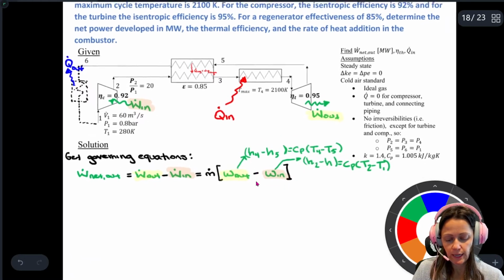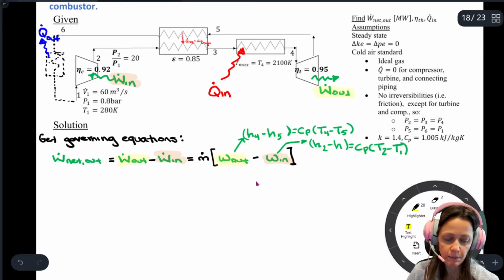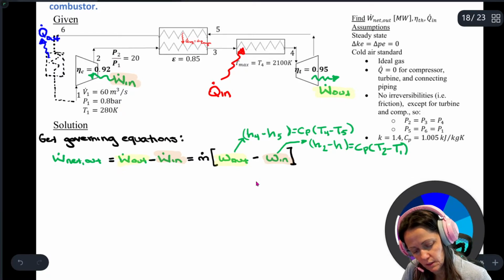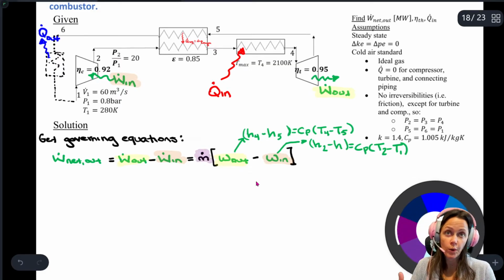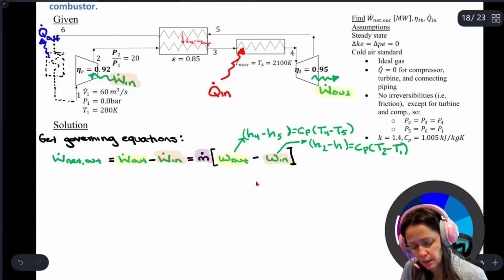Right. And now the only other thing that I need is, of course, my mass flow rate. So this guy right here, remember, he's the same no matter where I look in the cycle. However, the thing that is going to give me some information about the rate at which things are flowing is this guy.